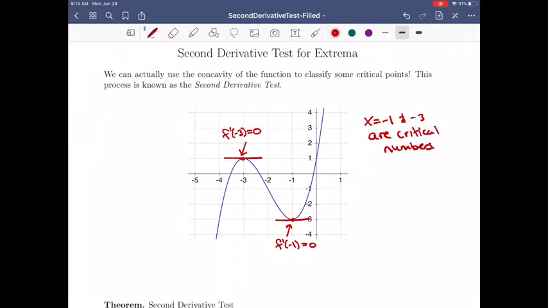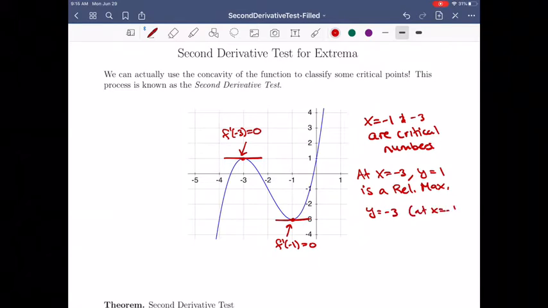Now from the graph we can see that at x equals -3, y equals 1 is a relative maximum, and y equals -3, which is at x equals -1, is a relative minimum.